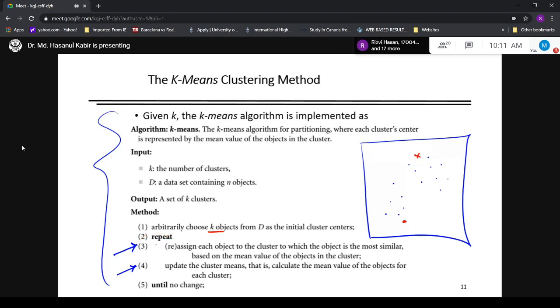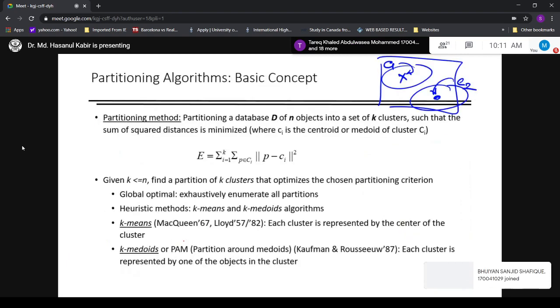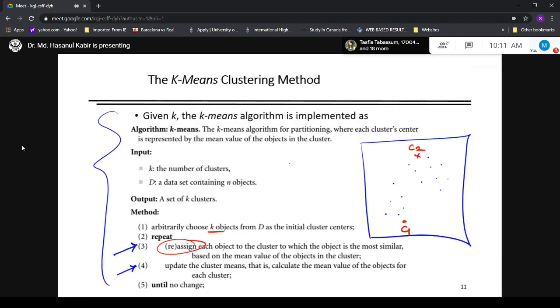Since this is my cluster center for class 1 and this is the cluster center for class 2, we have to assign. This is the assignment step. We assign the samples to a particular class. As we have seen in the previous equation, we want to minimize the distance with respect to the class center, right? Yes or no?